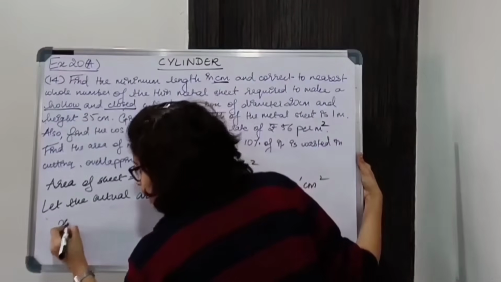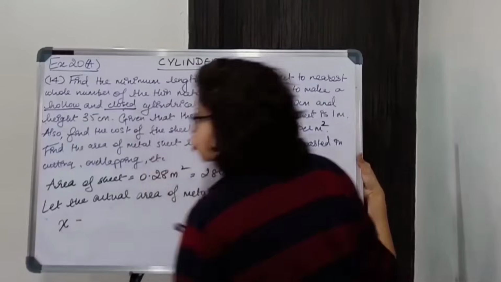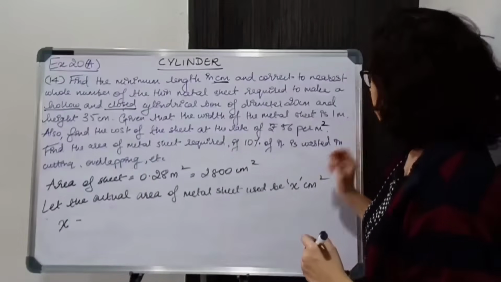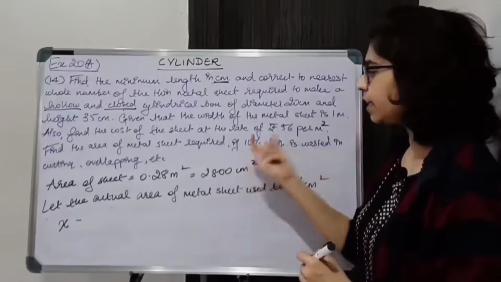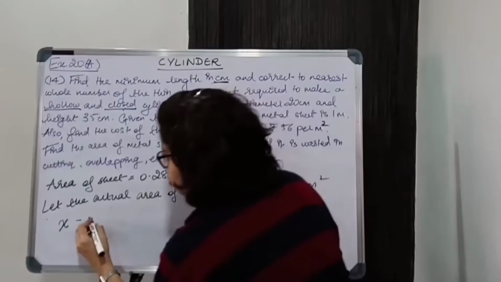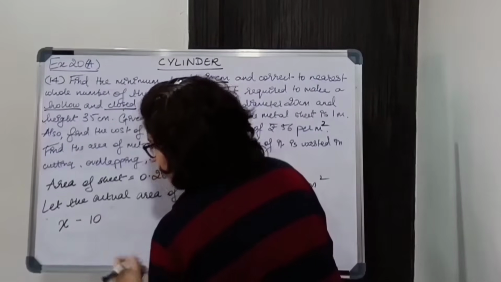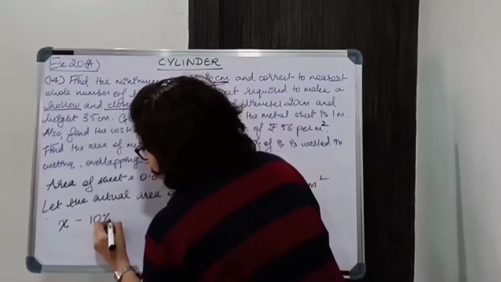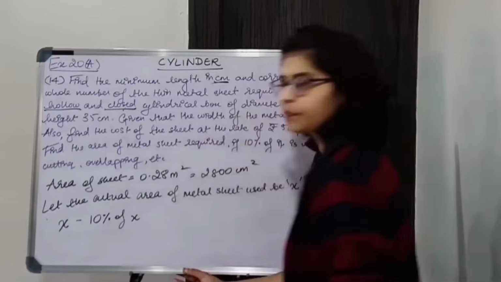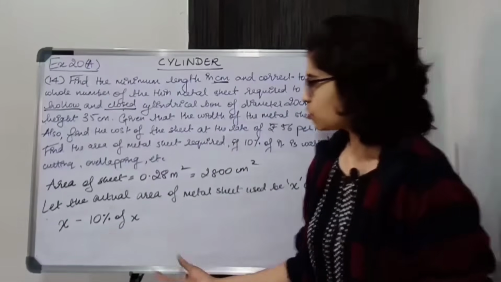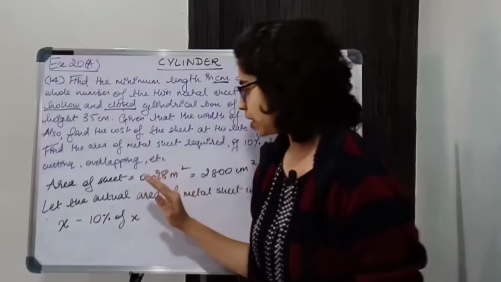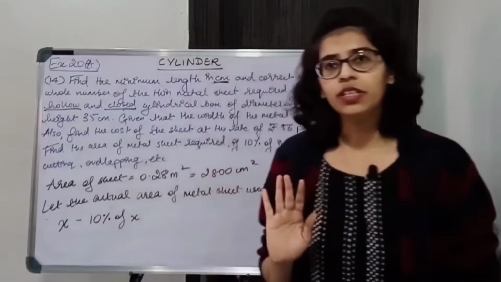So this x में से how much is wasted? This x में से 10% of it is wasted. So x minus 10% of x, ठीक है. So 10% of x waste हो गया और बाकी का हम लोग ने use किया.